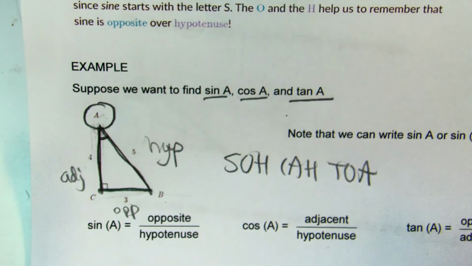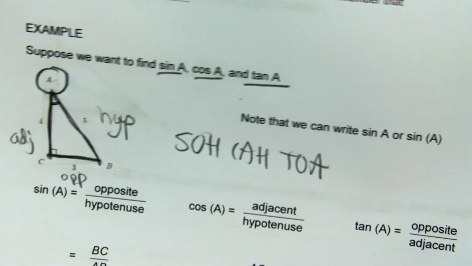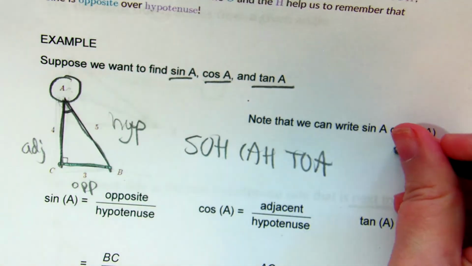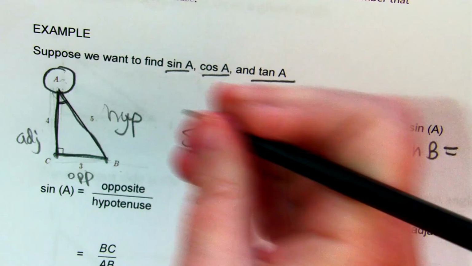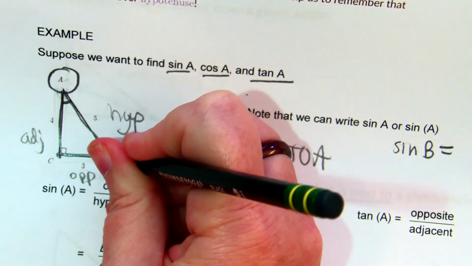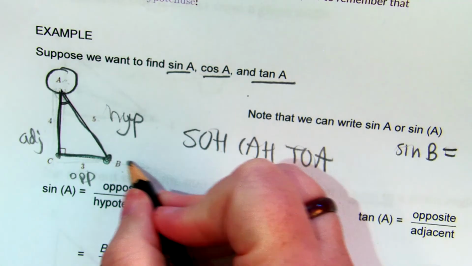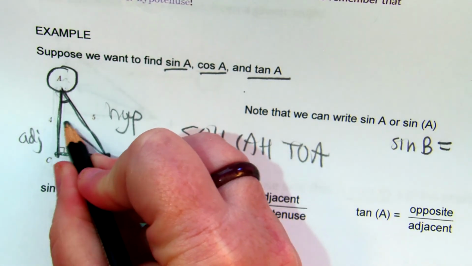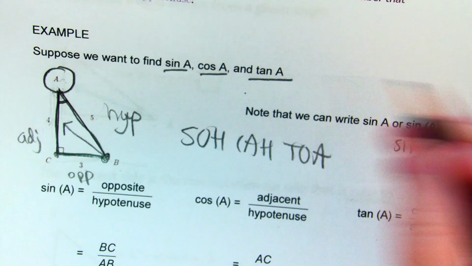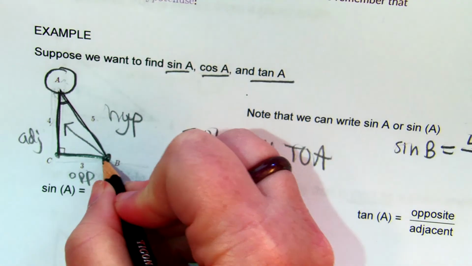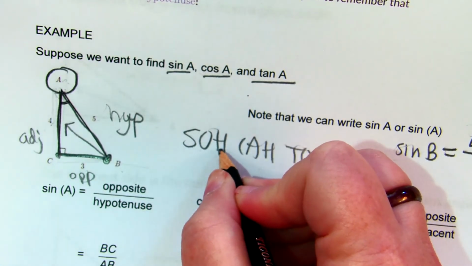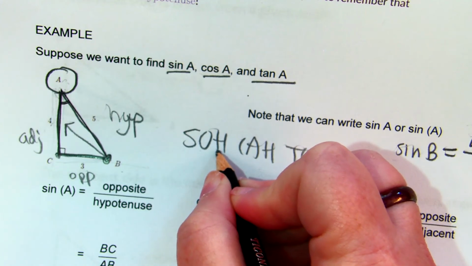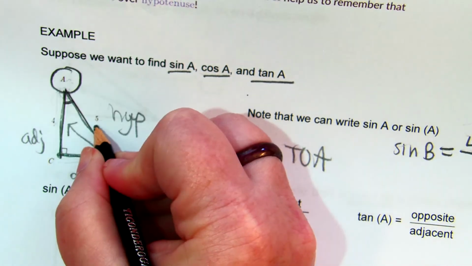What if we wanted to do it from the perspective of B? Sine of B equals, from B, what number is opposite B? 4, right? And sine is opposite over hypotenuse, and the hypotenuse is 5.